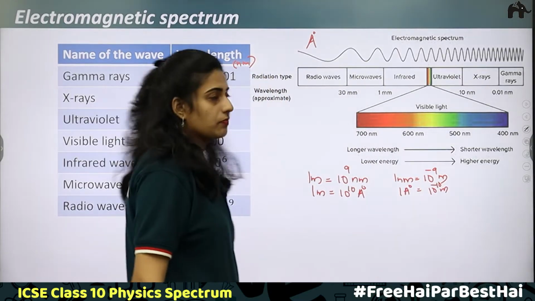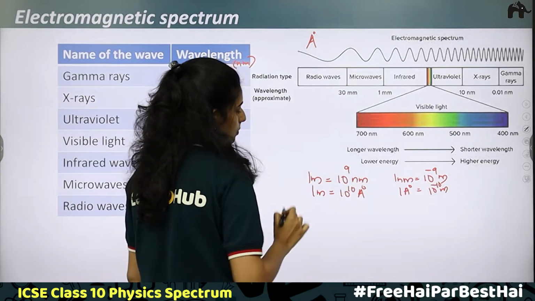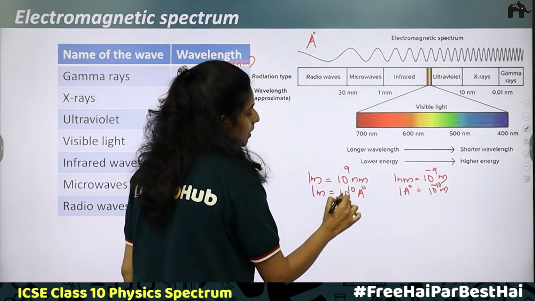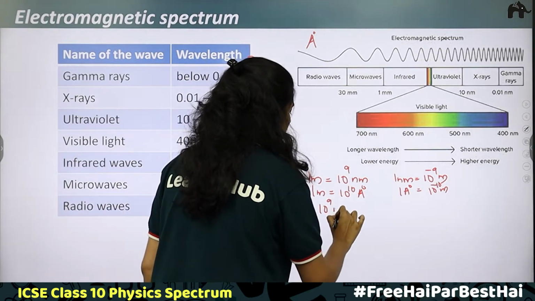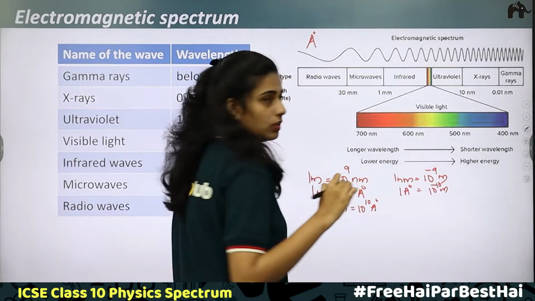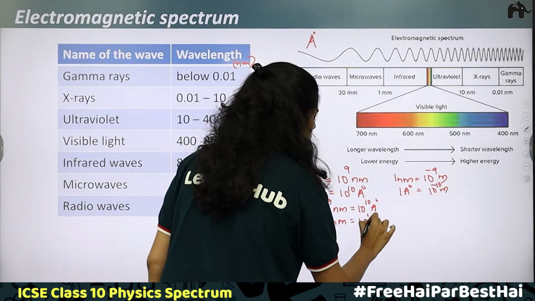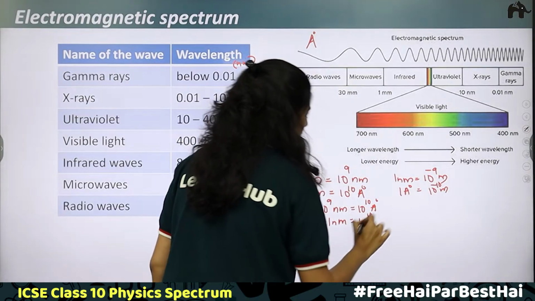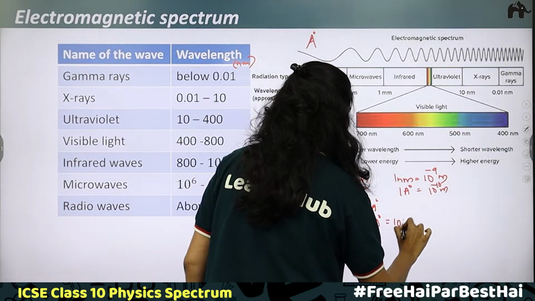Now, 1 meter is equal to 10 raised to 9 nanometer and 1 meter is equal to 10 raised to 10 angstrom, which means 10 raised to 9 nanometer is equal to 10 raised to 10 angstrom. So 1 nanometer will be equal to 10 raised to 10 divided by 10 raised to 9 angstrom, that is equal to 10 angstrom.